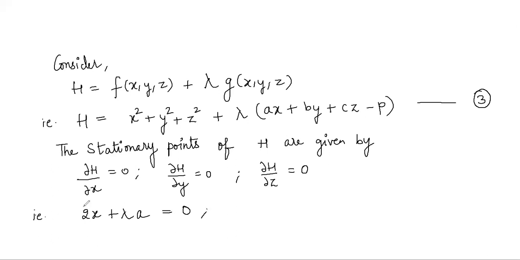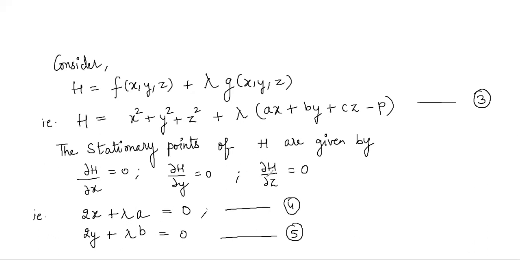The second equation, which we get by differentiating h partially with respect to y and equating it to 0, will be 2y plus lambda b equal to 0. Let us name this equation 4 and this equation 5.